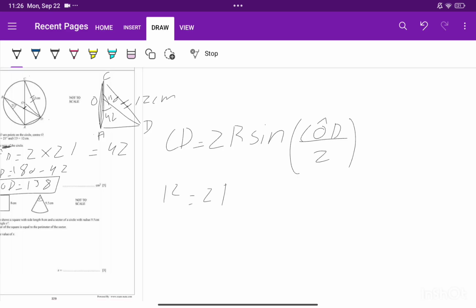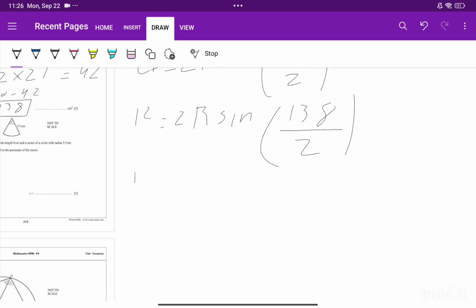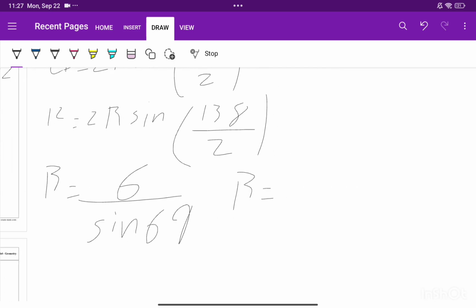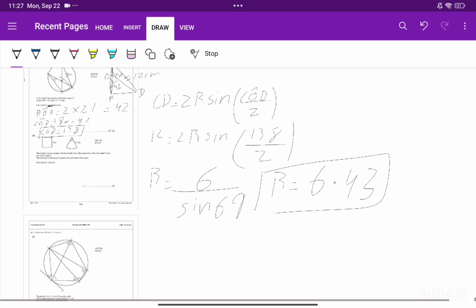We don't know radius. We know sine. We know COD angle, which we found like 138. 138 divided by 2. Now let's make R separate. So 6 divided by sine 69. So radius will be equal to 6.43. So this is our radius.